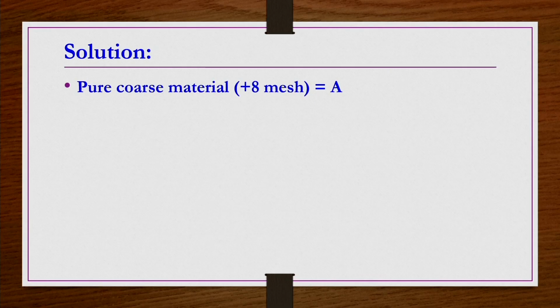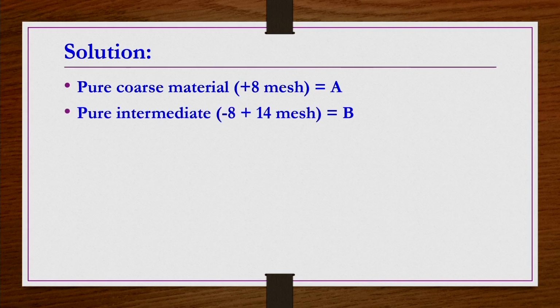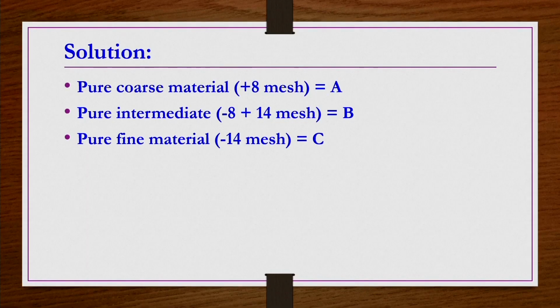Now, let us have some designations. Whatever the coarse material that is retained on 8 mesh, you take it as A. Then whatever the intermediate material that is passed through 8 mesh but retained on 14 mesh, you take it as B. Similarly, whatever the fine material that is passing through the 14 mesh, you take it as C. So, this is labeling, this is not the weights. A, B, C are labels, they are not the weights.